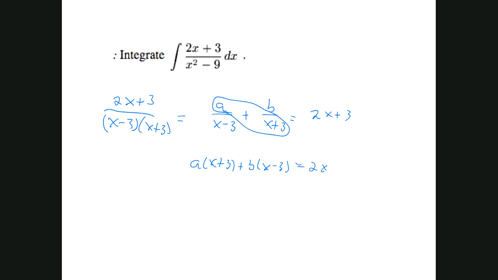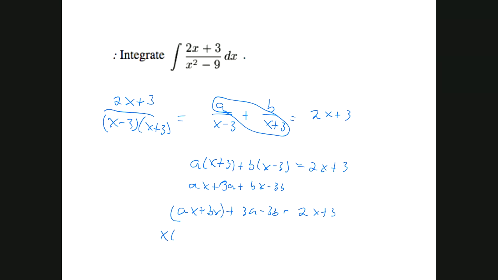And then I'm going to multiply through. So I get ax plus 3a plus bx minus 3b. I'm going to put my x's together. So I have ax plus bx plus 3a minus 3b is equal to 2x plus 3. I'm going to factor out an x here.